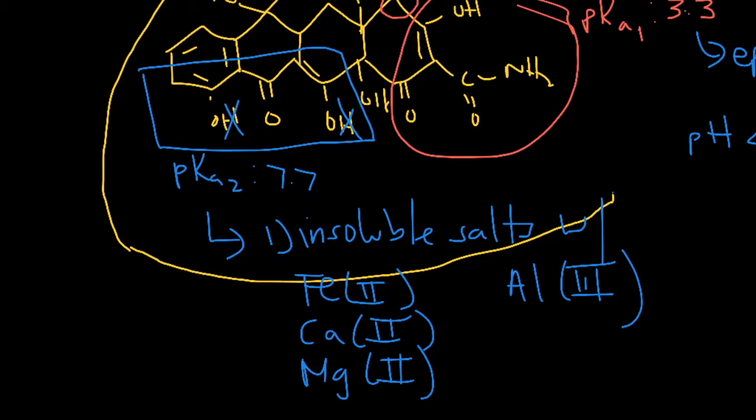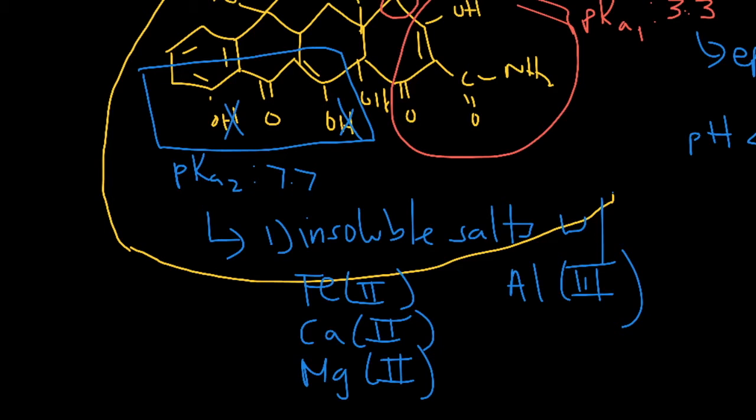So calcium usually forms a 2+ charge. Magnesium usually forms a 2+ charge. Iron can form 2+ or 3+ charges, but here iron chelates or forms an insoluble salt with the tetracyclines at the +2 charge. And aluminum usually has a +3 charge.